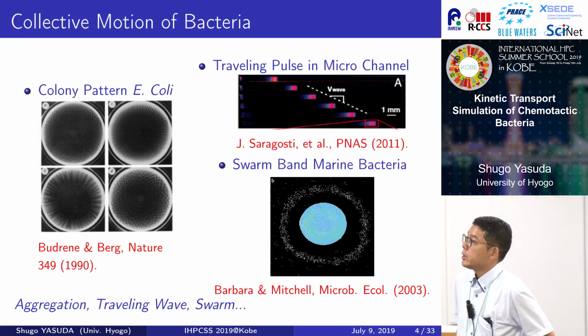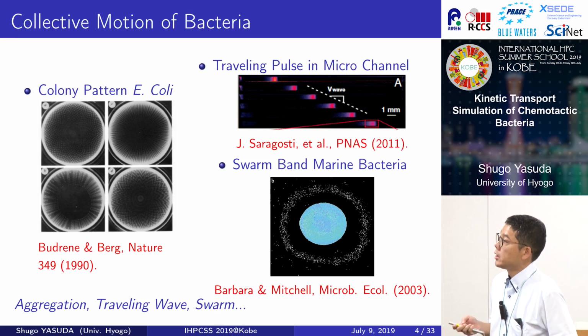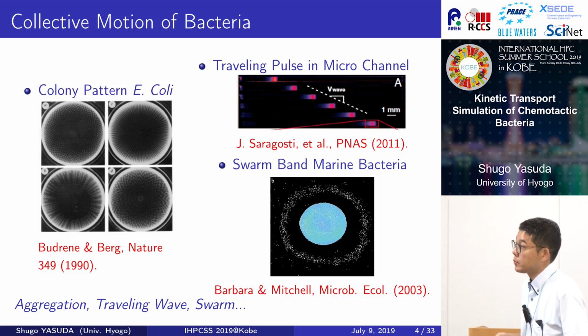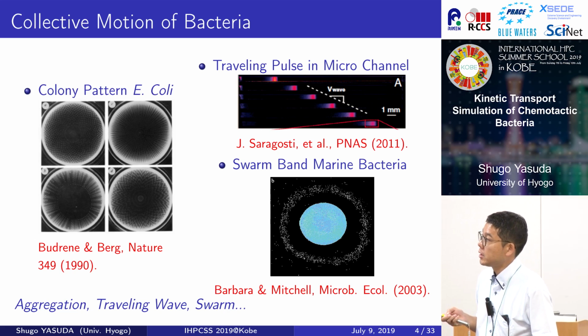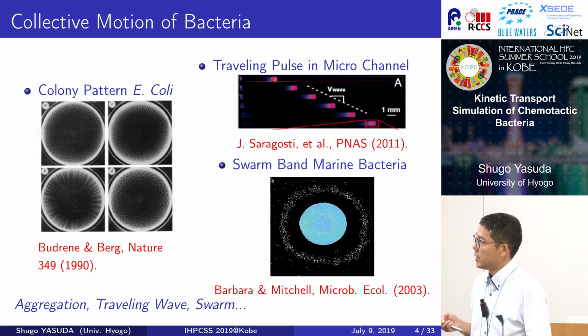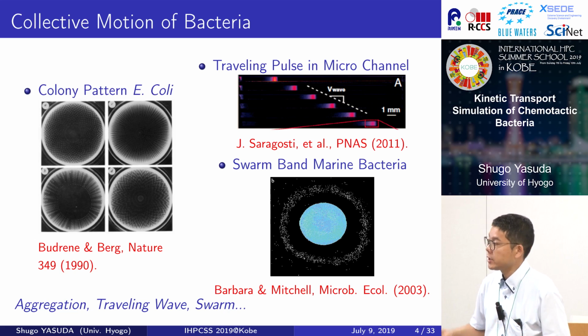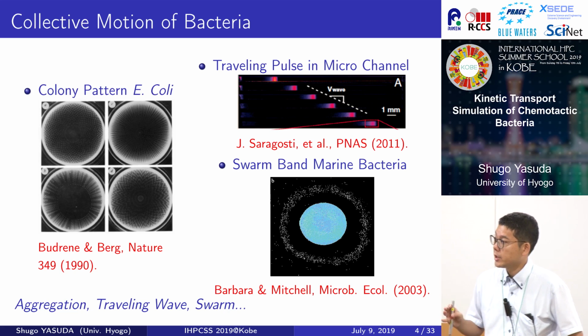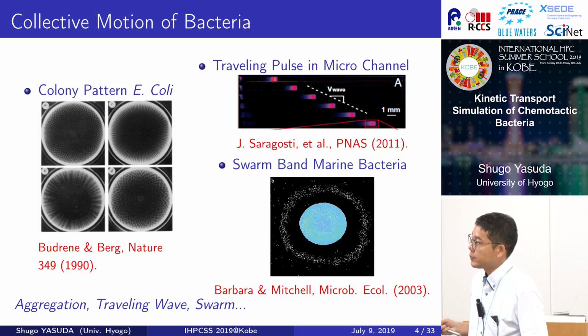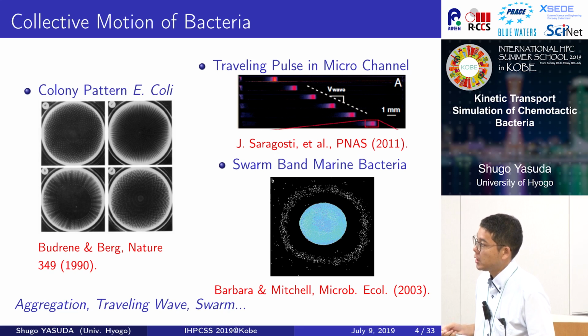It is well known that chemotactic bacteria such as Escherichia coli, E. coli, create very large-scale collective motions and create patterns. This picture shows the pattern formation of E. coli in a Petri dish.